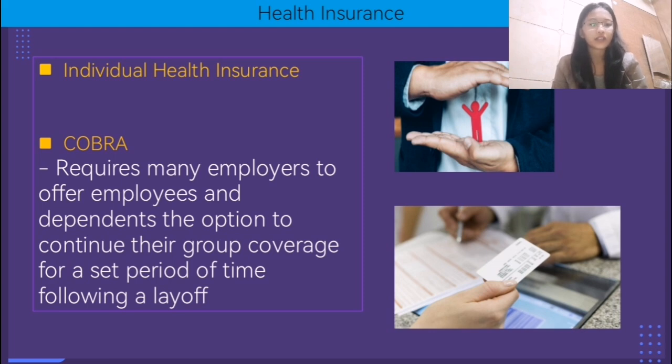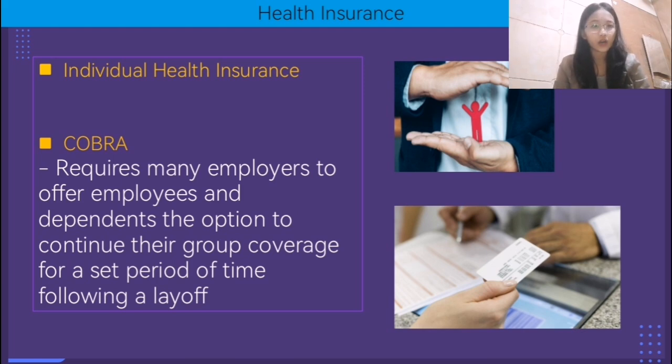This solution addresses the diverse needs of individuals and families, offering a sense of security in today's dynamic healthcare landscape. So the difference between individual health insurance and group health insurance in terms of coverage: individual health insurance is based on your needs, whereas group health insurance is based on multiple of salary.